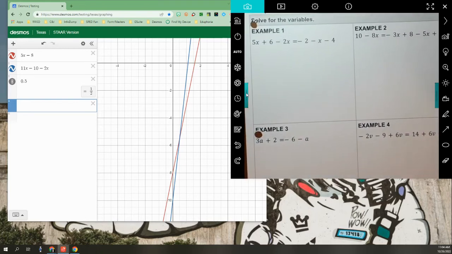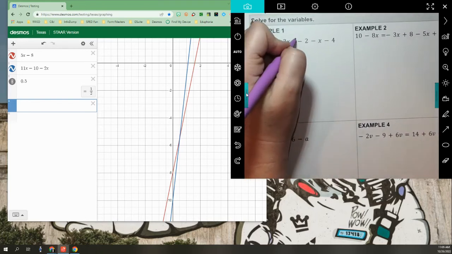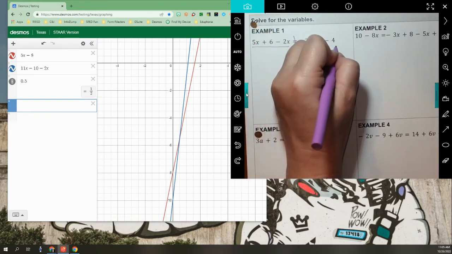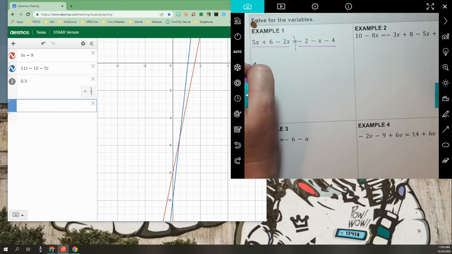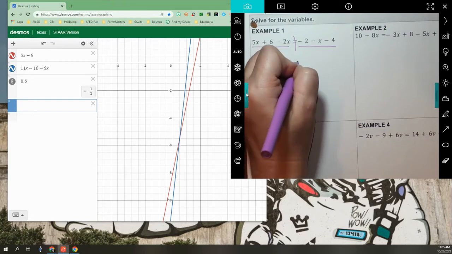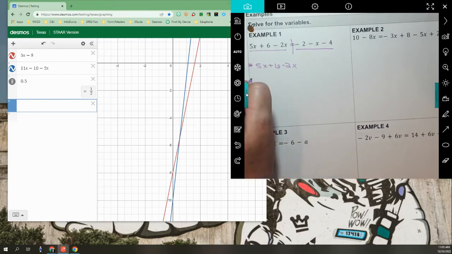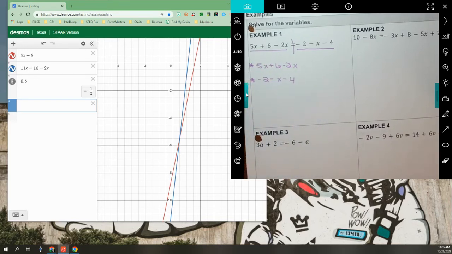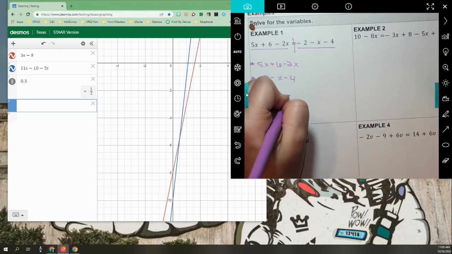And I know I'm going to split it with the equal sign. So this goes on one line. This goes on the other. I'm going to put 5x plus 6 minus 2x on one line. And I'm going to put -2 minus x minus 4 on another line. And I'm looking for what x equals.